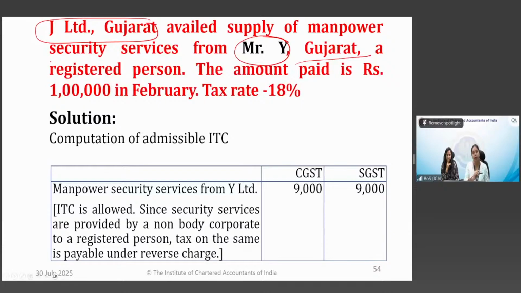J Limited in our question, let me give you one additional point here. Since this was part of a big question, J Limited is the recipient and he is a registered person. This information is there.